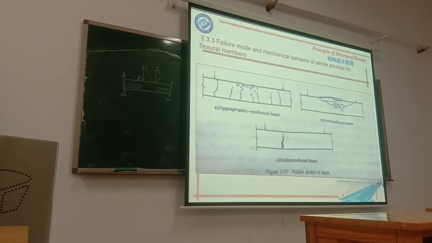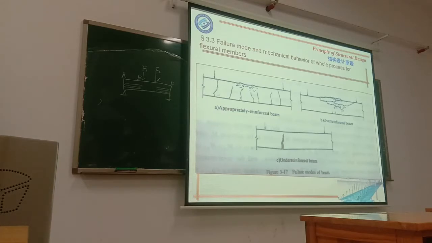Because this one is brittle, totally brittle. But in the over-reinforced one, at least there is much reinforcement inside. That one will not break, just maybe the concrete crushes with some large deformation. But this one will just fall down.